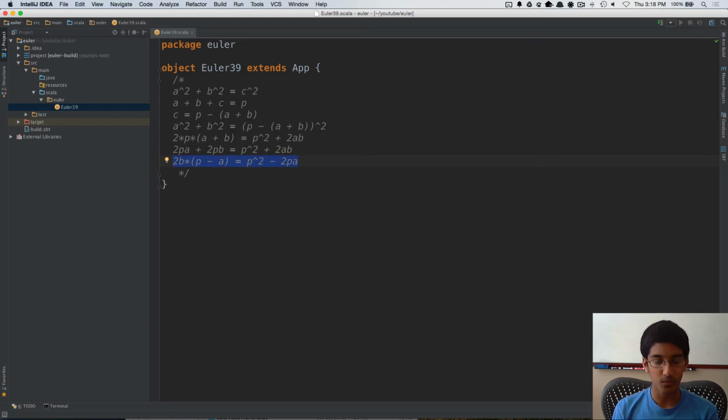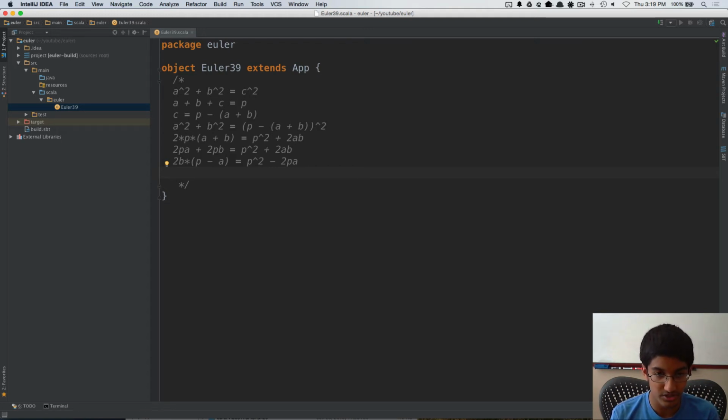Since we're looking for integral side lengths, this is what's called a Diophantine equation, in which the variables are going to be integers. And one thing that's useful to do when you're working with Diophantine equations, especially in the context of an algorithmic problem, is dividing one side by the other.